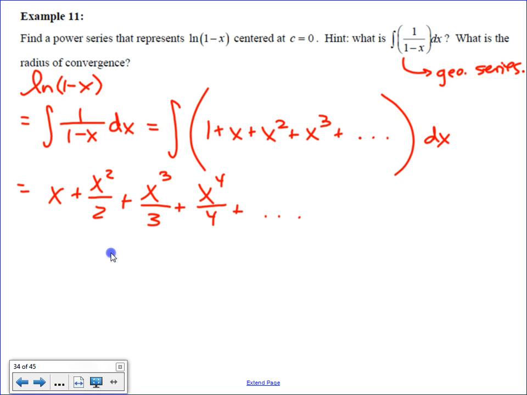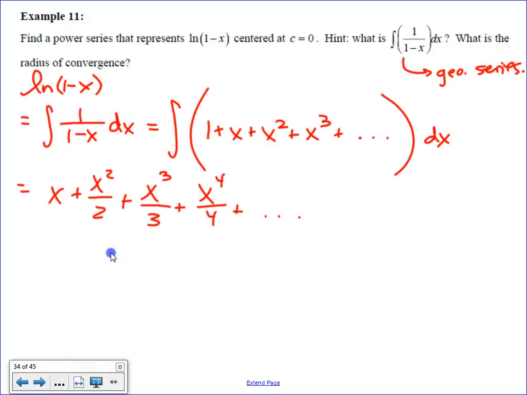Because remember, you can take a power series, and if I integrate one side, integrate the other side, no big deal, it's a polynomial.